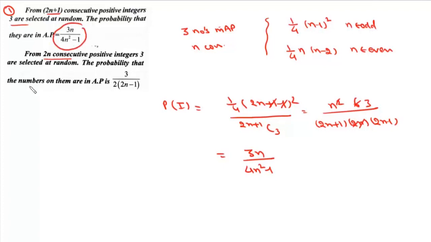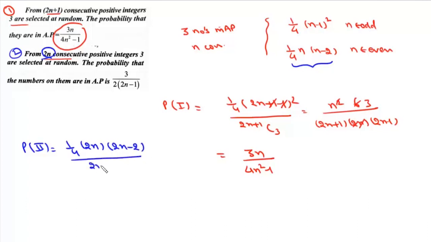Now for the second one, we have an even number of numbers. Now in this case, the favorable cases are 1 by 4 n into (n minus 2) if n is even. So it will be 1 by 4, n in this case is 2n, into 2n minus 2, divided by any 3 from 2n. So it will be 2n C3.